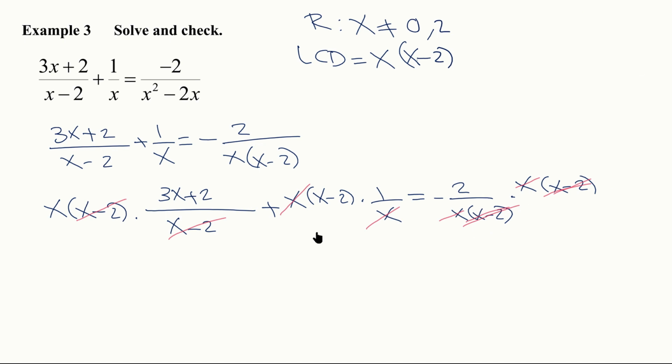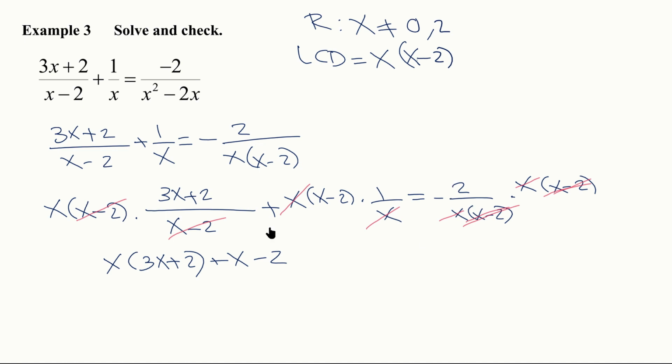All right, so now we carefully go and see what's left behind. So we have x times 3x plus 2 plus 1 times x minus 2, which is just x minus 2.